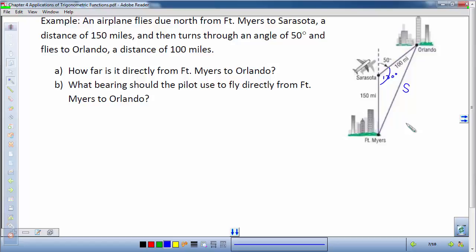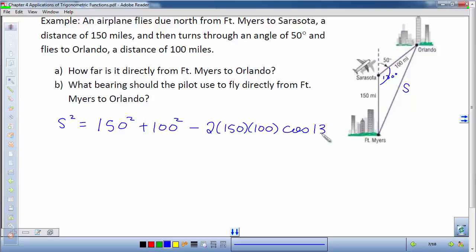So I'm going to write it out as s squared is equal to what? Okay, what are the numbers from our picture? 150 squared plus 100 squared minus 2 times 150 times 100, what else? Cosine of 130 degrees, the angle at Sarasota.